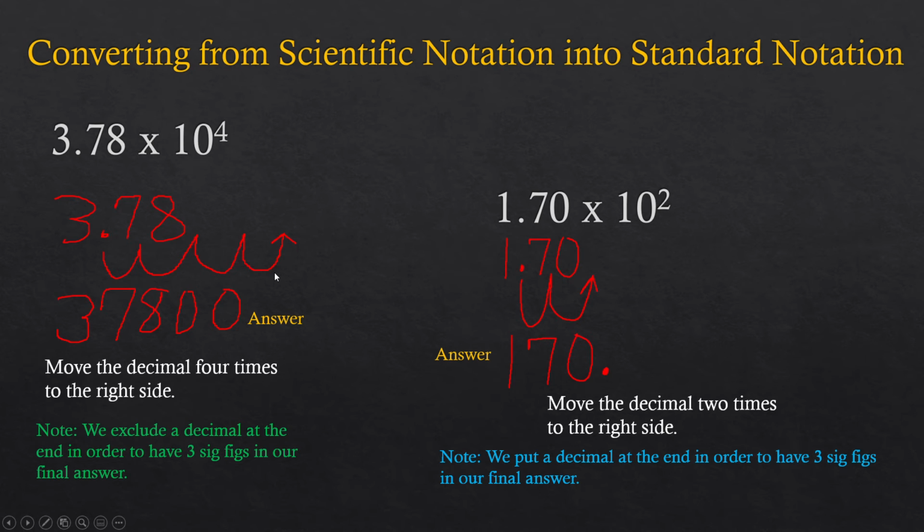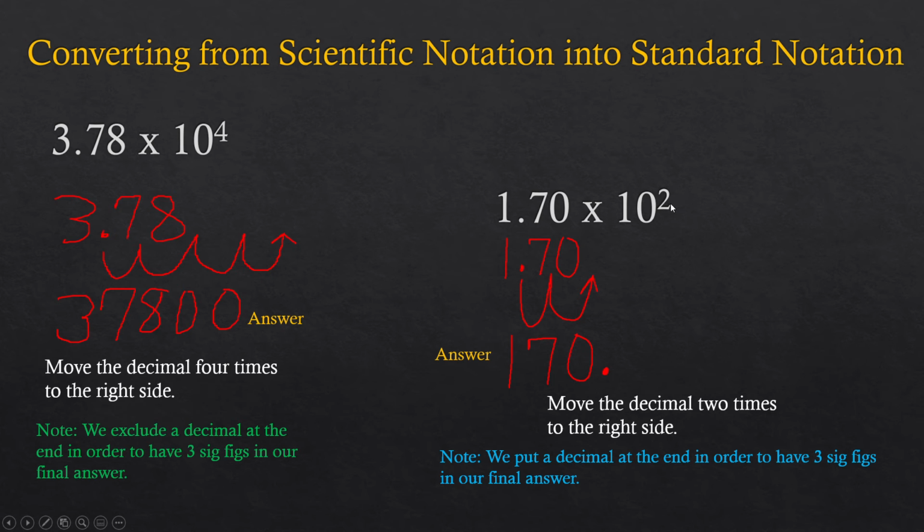And then here in the arrow, you will either have a decimal or you will not have a decimal at all. So we only have 3 sig figs, so my answer needs to have 3 sig figs as well. So I'm not going to add a decimal. So this is my final answer right here.